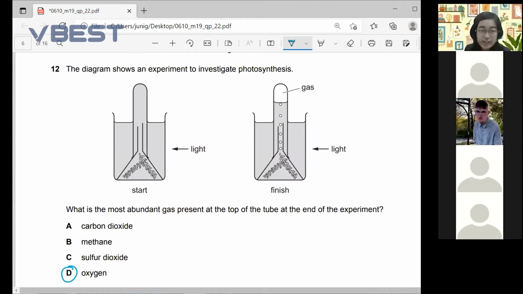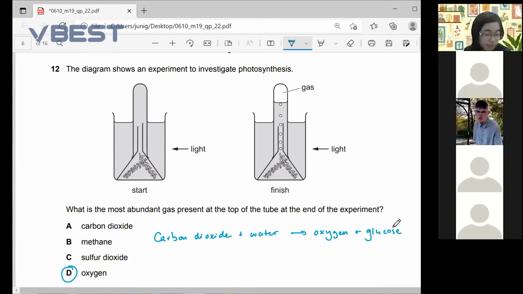So this one is for photosynthesis, right? When it comes to photosynthesis, the plant will be consuming carbon dioxide and water to produce oxygen and glucose.